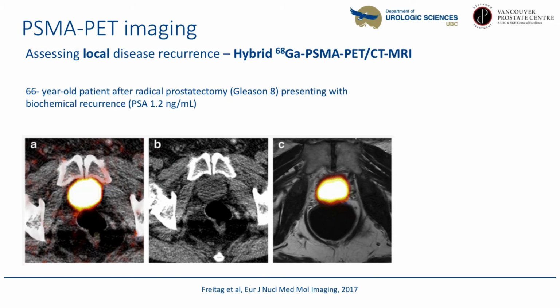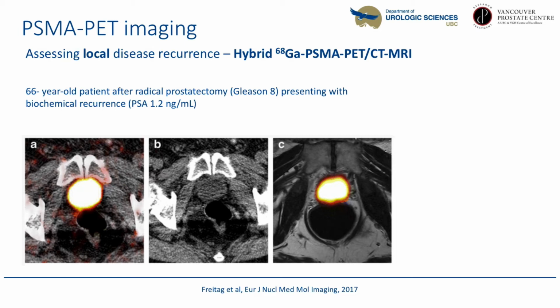So I already said in the beginning of this part, is it always good when there is light and glow? And that's something this study looked at. We actually performed not only PSMA PET CTs, but PSMA PET MRI. What you can see here is the scan from a 66-year-old patient after radical prostatectomy for Gleason 8 prostate cancer, and the patient presented with biochemical recurrence of PSA 1.2.